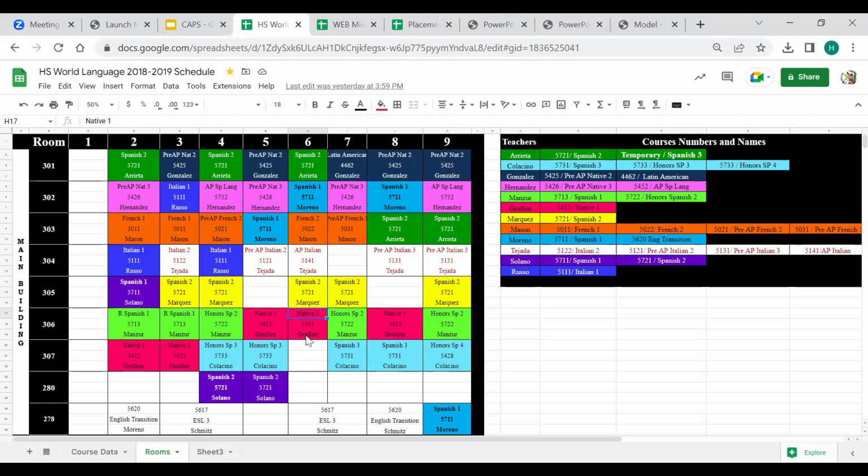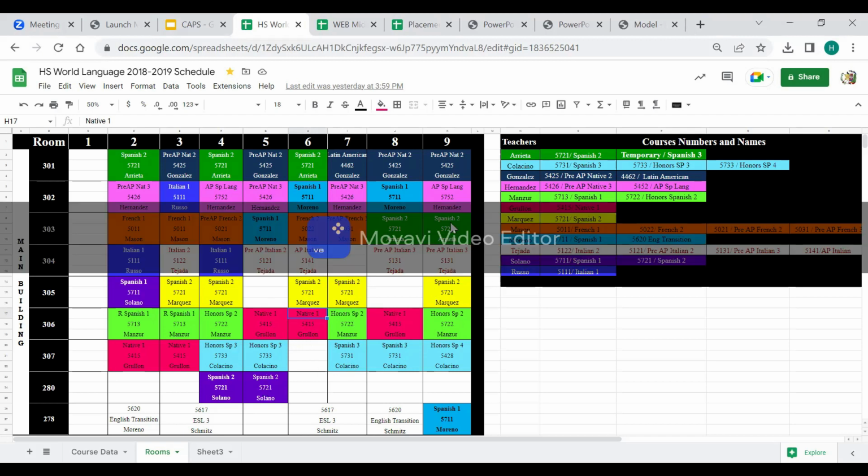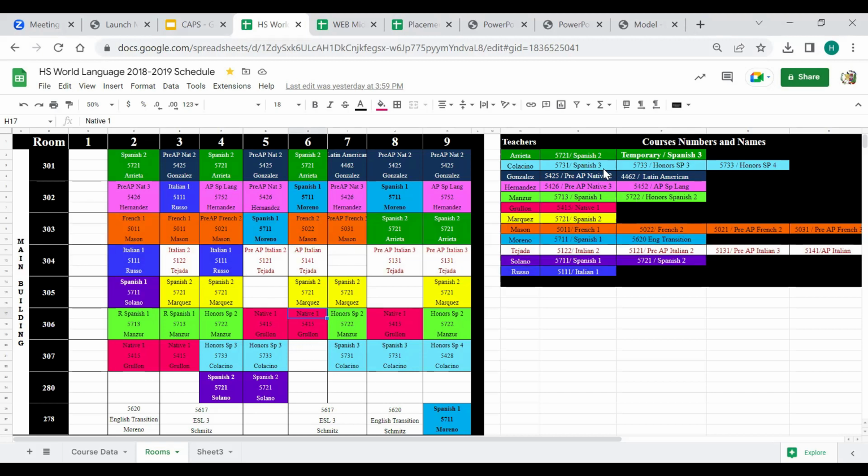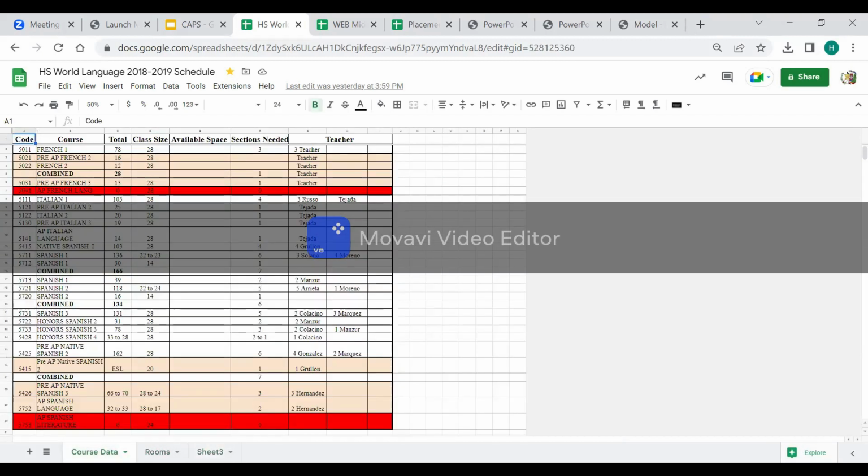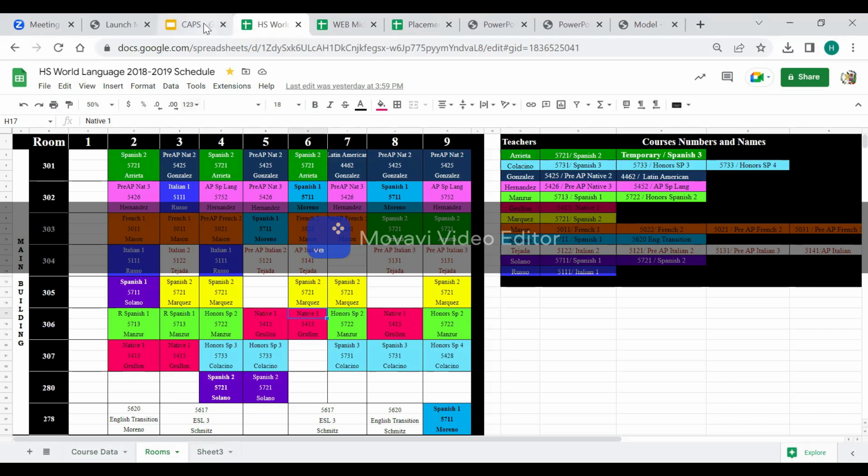So this was an easy way to schedule my world language teachers so that they can have the most success. This was also a way of ensuring that teachers only had 2 contents, sometimes only 1. That's an example of how I did the master schedule for the high school.